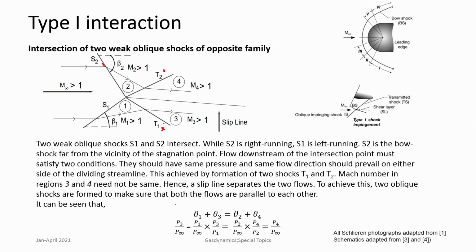Now, the way to analyze them is to consider different oblique shocks. This is region 0, or you can consider the free stream. The flow passes through the first shock, undergoes a deflection, and it gets to region 1. Thereafter, it goes to region 3. Okay. Similarly, in the upper half you get region 2 and then region 4.